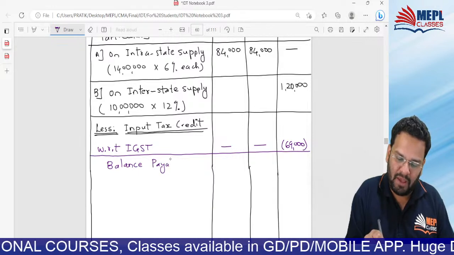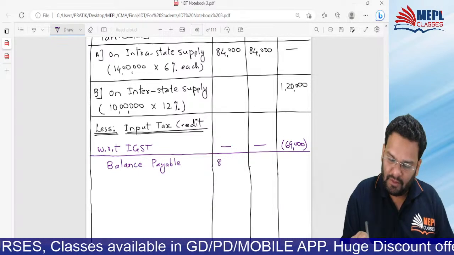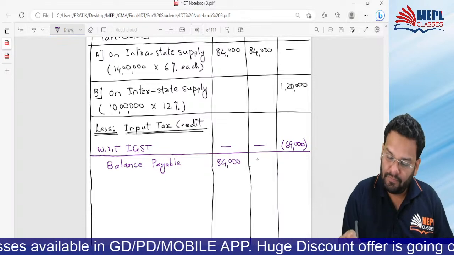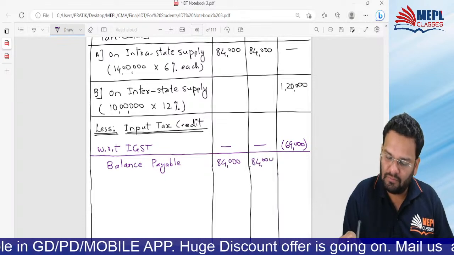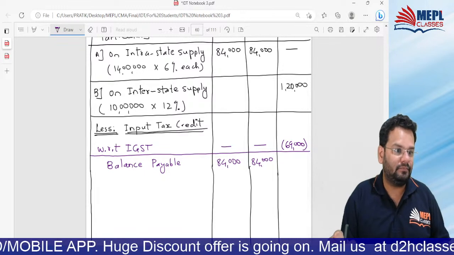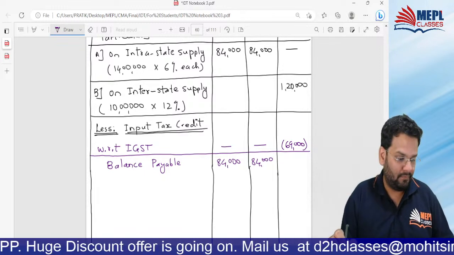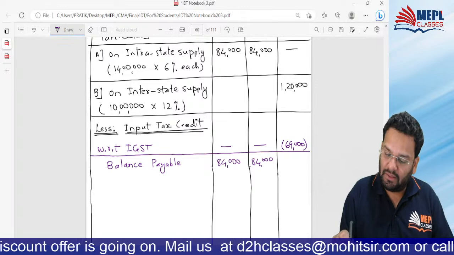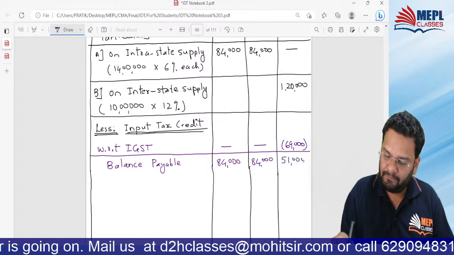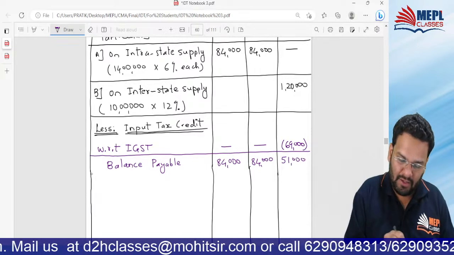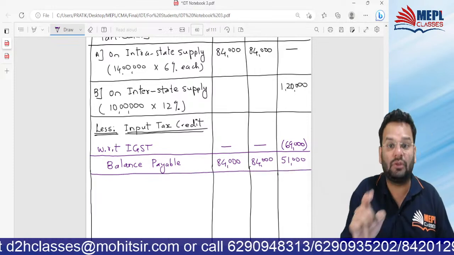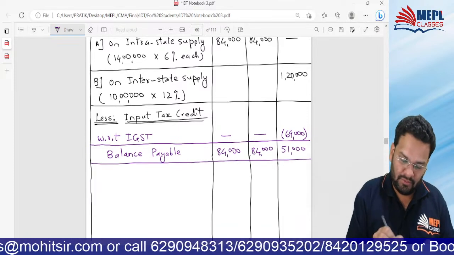So now balance payable after this step is 84,000, 84,000 and 51,000. Agreed? Balance payable is 84,000, 84,000 and 51,000.